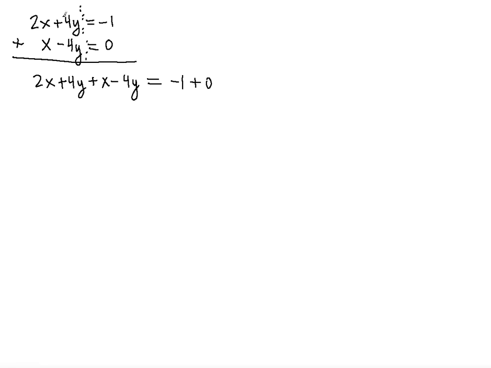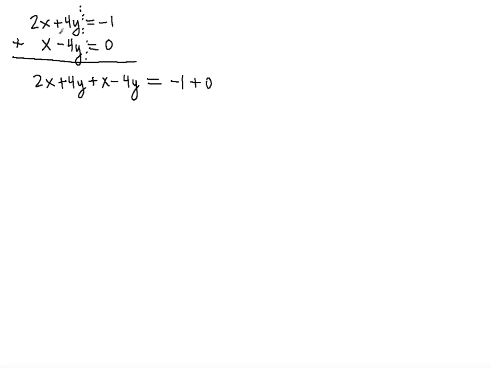I'm not adding the left side of the first equation with the right side of the second equation. That would be wrong. Make sure that you follow the rule of adding the respective sides only.